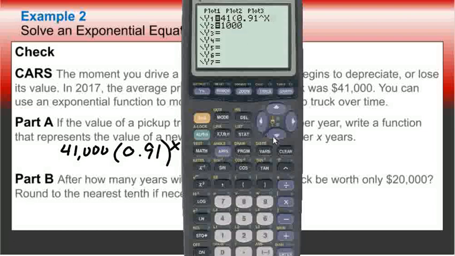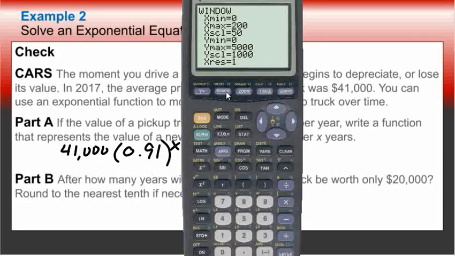The other one, we want to get to 20,000, or 20. So now if we change our Window settings, for the x maximum let's just make this 100, count by tens. The y minimum 0, and the y maximum 50, count by tens. Now hit graph.